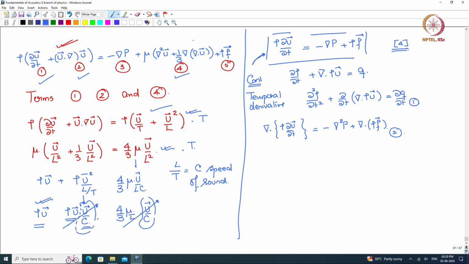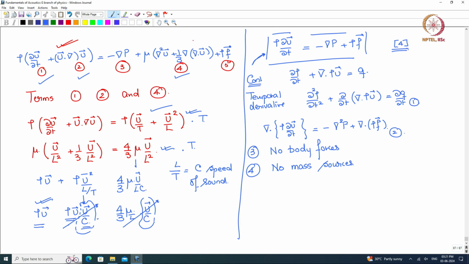So the third and fourth assumptions: third, no body forces. Fourth, no mass sources, for the moment.